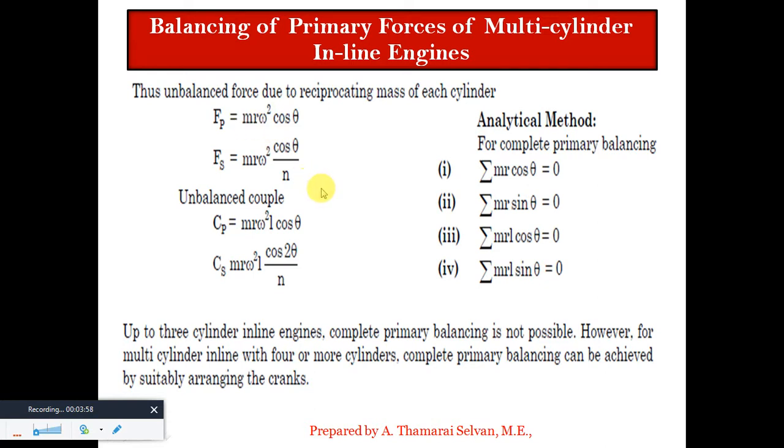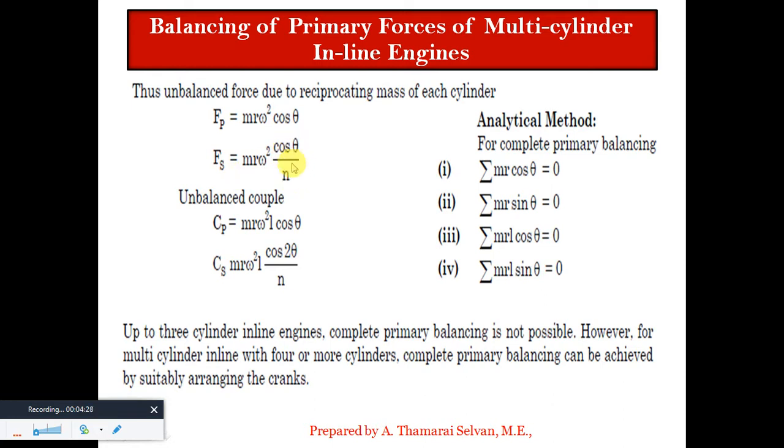M is the mass fixed at the crank pin, that is the joining point of both the crank and the connecting rod. R is the radius of the crank. Omega is the angular velocity with which the crank is rotating, and theta is the inclination at that particular instant.